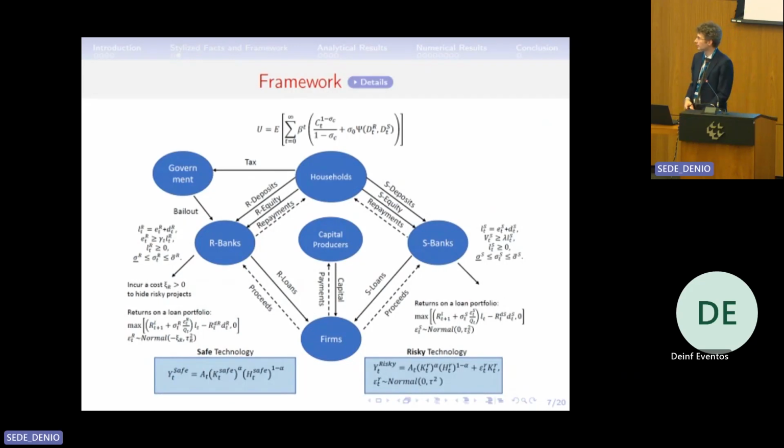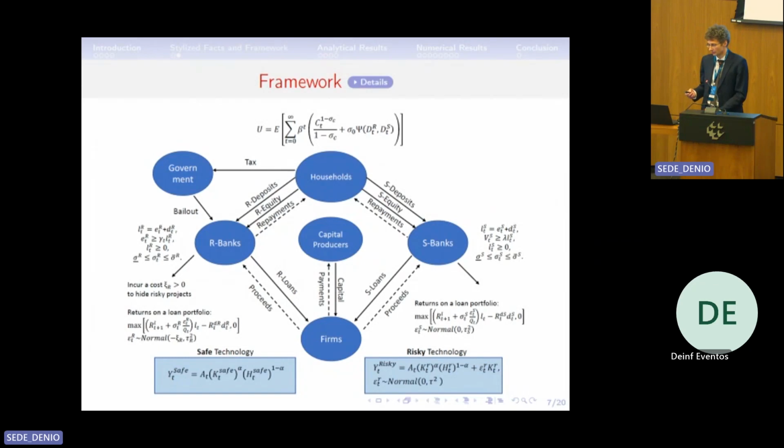This is the roadmap to the framework of my model. Households derive utility from consumption C, and also from deposits; two types of deposits are valued in this framework. There is empirical evidence that shadow banks provide a liquidity function to the economy, so I include shadow bank deposits in the utility function, like in the Begenau and Landvoigt paper.